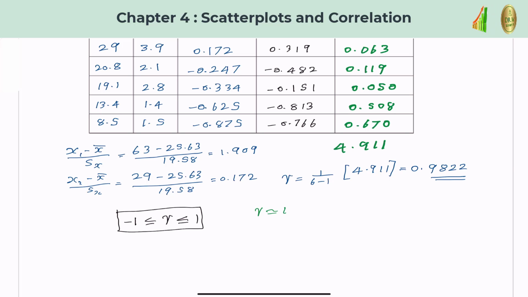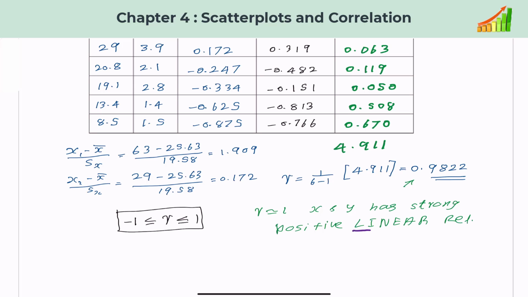Therefore, we can say x is the number of cars, y is the revenue, and x and y have a very strong linear relationship. But the sign is positive. We also saw this positive relationship in the scatter plot. Therefore, we can say x and y have a strong positive linear relationship.